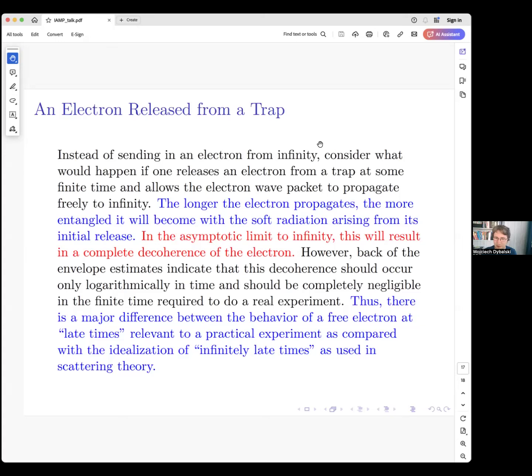Then maybe let me ask a question, following up on the last question about this electron released from the trap, and whether we will see interference patterns, or if we wait sufficiently long, maybe we should see decoherence. There is an alternative approach of Buchholz and Roberts to infrared problems, who basically say if we restrict our space-time from Minkowski to the future light cone, then the problem should disappear.